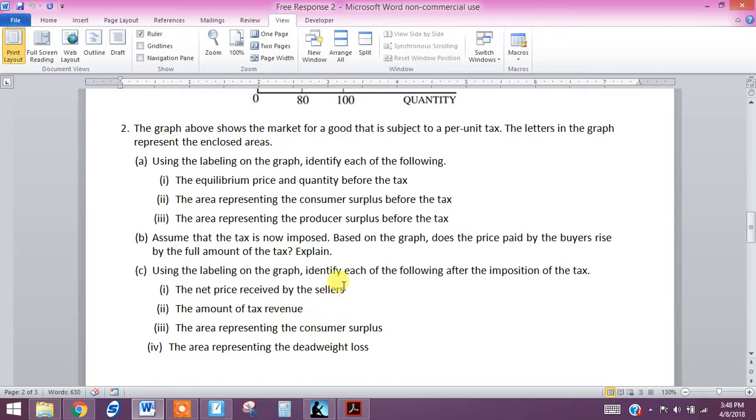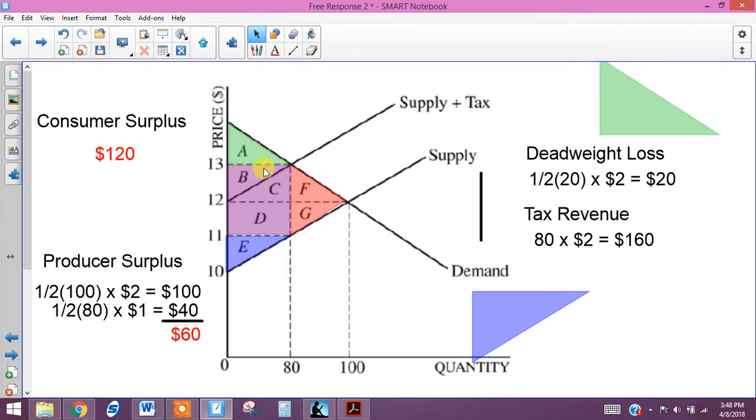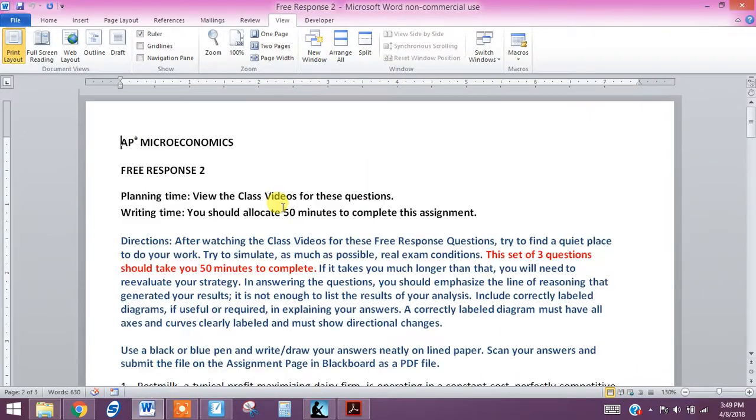No, it does not. But anyway, you can always put it in. You can always say that the area is B, C, and D for the tax, and the amount is going to be the area of this, which is 80 times 2, which is 160. Okay, that takes care of question 2 on free response 2.